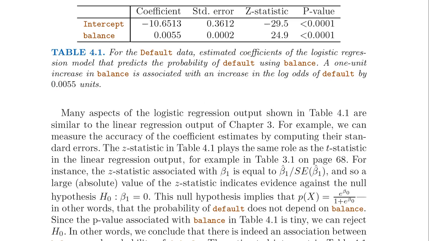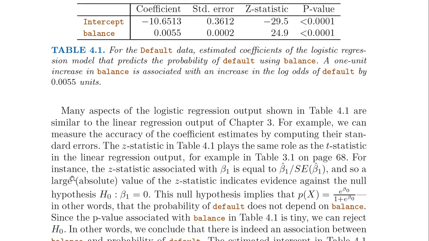The Z statistic in table 4.1 plays the same role as the T statistic in the linear regression output. For instance, the Z statistic associated with beta 1 is the same thing as in chapter 3, where you divide the estimate by the standard error.